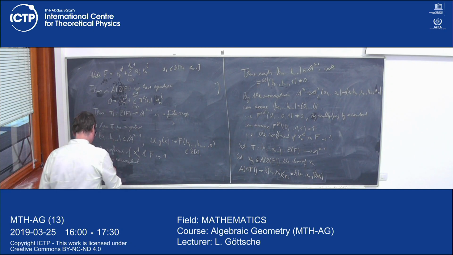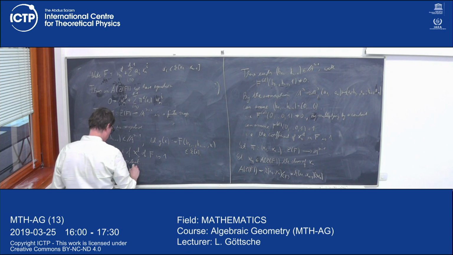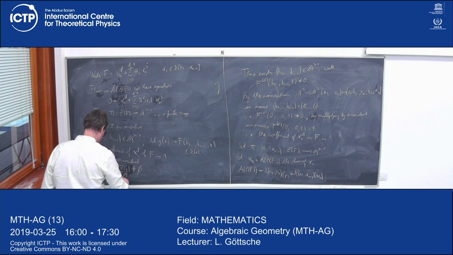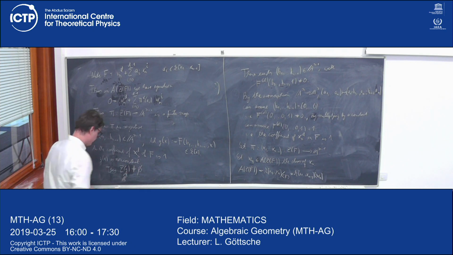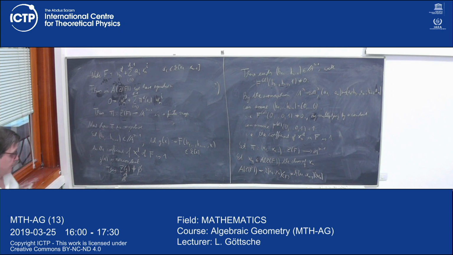So thus, the zero set of g is different from the empty set. So this is a subset of A^1. So it has some zeros because it's a non-constant polynomial.